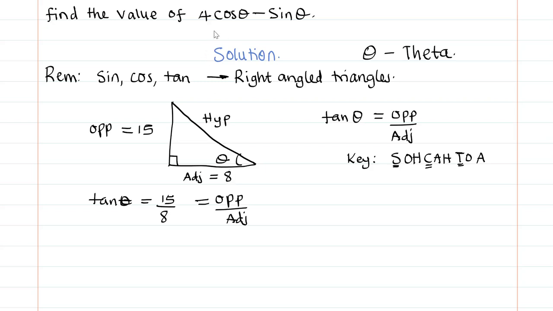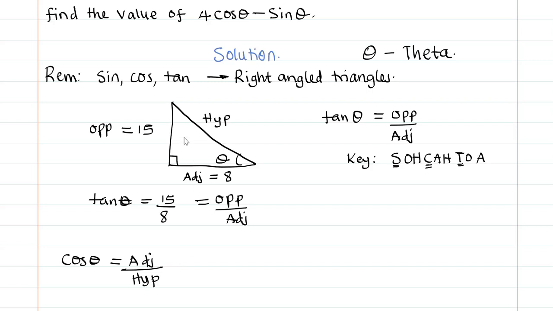Now, for us to solve the given question, here we have 4 cos theta minus sin theta. It means we first need to know what is cos theta. Coming to SOHCAHTOA, cos theta is adjacent out of hypotenuse.